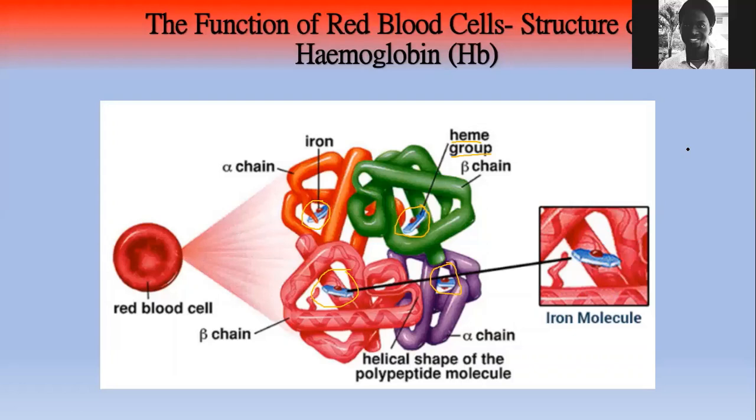Now, because the red blood cells do not have mitochondria and they do not have a nucleus, they die every 120 days. So every 120 days, you have to produce new red blood cells to replace the ones that die because they cannot sustain themselves. Good, very good question.